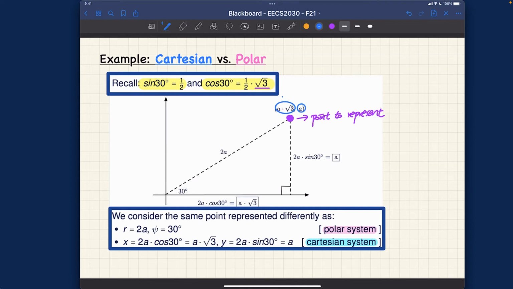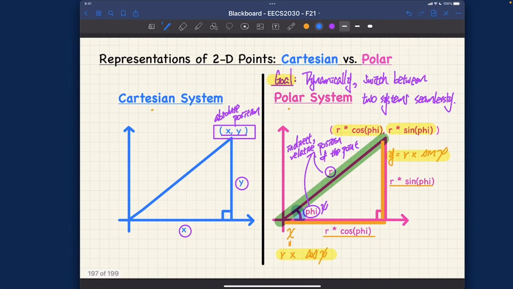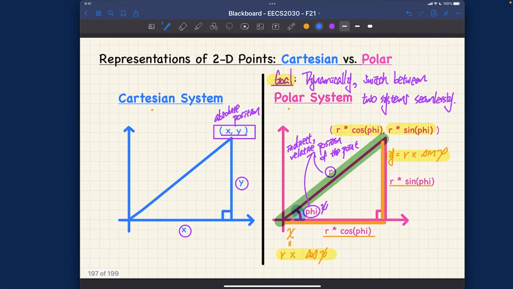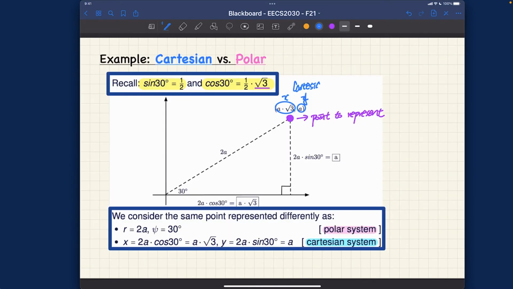So this is x, this is y, and this is what we call the Cartesian system, in which case we only store these two values, this value for x and this value for y. Okay, what about the polar system?